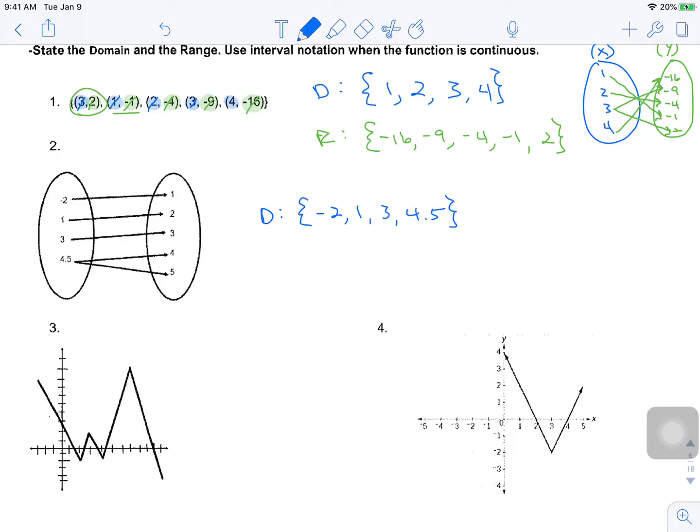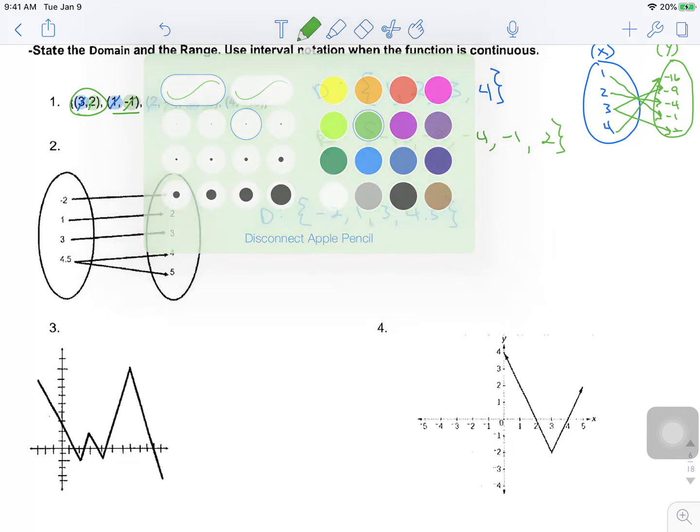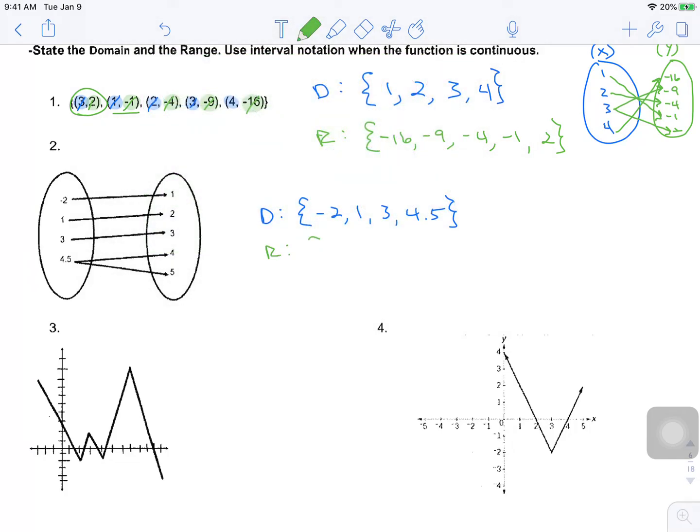Doesn't matter that 4.5 has 2 arrows off of it. It just means that if I were listing the ordered pairs, 4.5 would be the x value for 2 different ordered pairs. The range then is just going to be the set of numbers that represent the y values, which would be 1, 2, 3, 4, and 5.